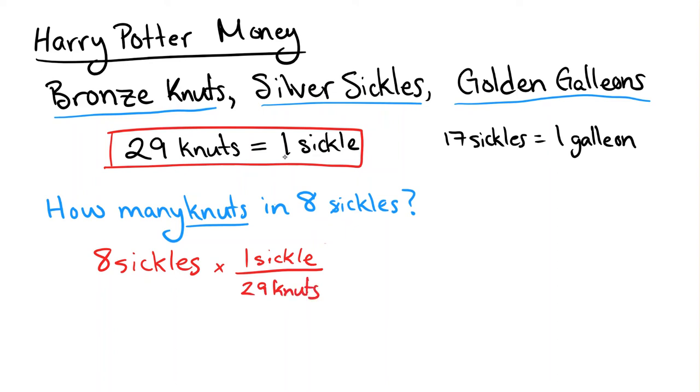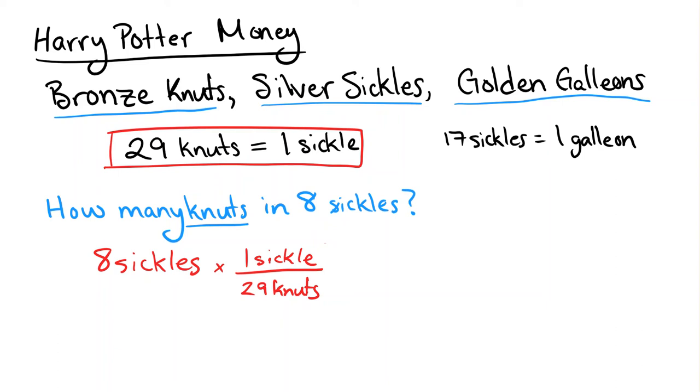They have the same monetary value. It's like saying, I'll trade you a $5 bill for 5 loonies. They are worth the same amount of money, and that's the same as saying 29 knuts is worth 1 sickle.